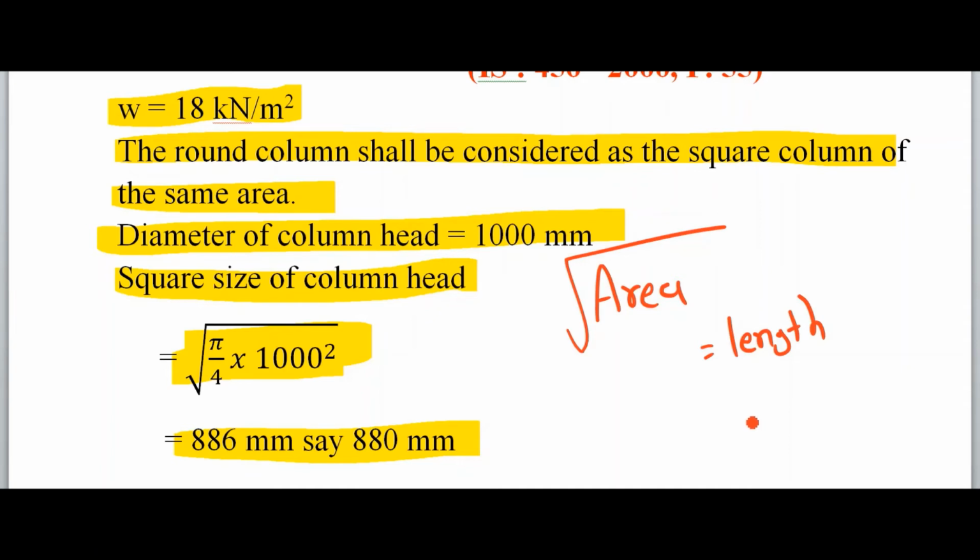It's just an imaginary thing. We don't do it in the practical method, but for calculation purposes, we convert the round column head into a square column head and find the dimension. So we found 880 mm for the square column head, right?